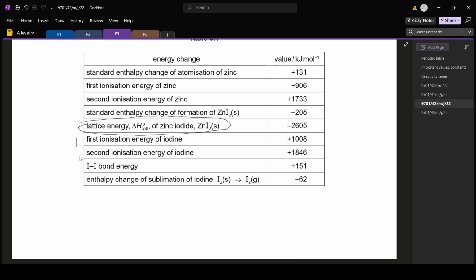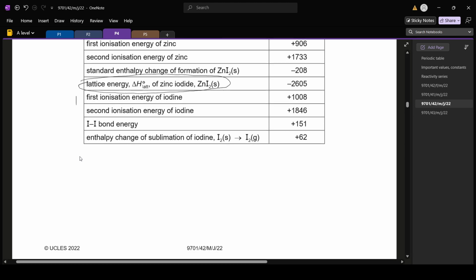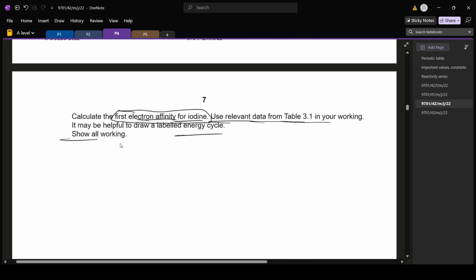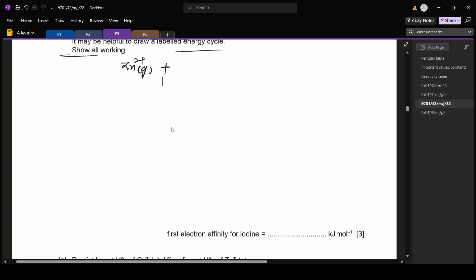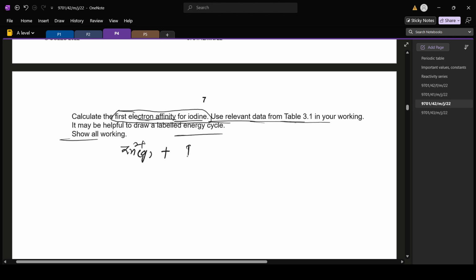What is the definition of lattice energy? It is the formation of an ionic compound from its gaseous ions. So when gaseous zinc 2+ reacts with gaseous iodide ions, it forms zinc iodide.